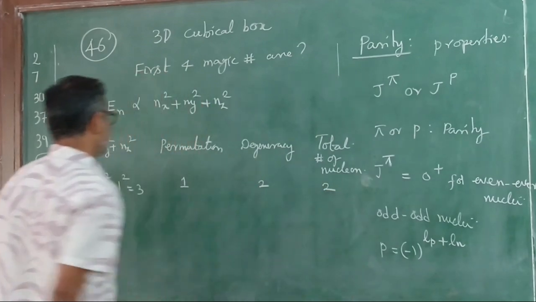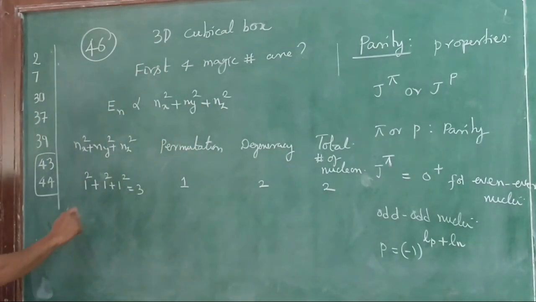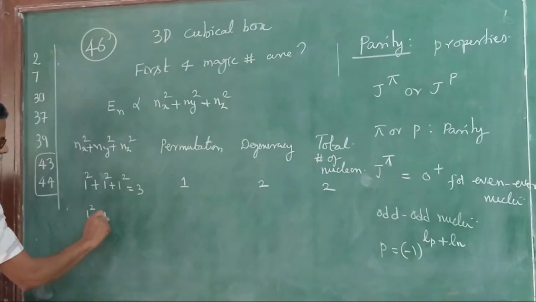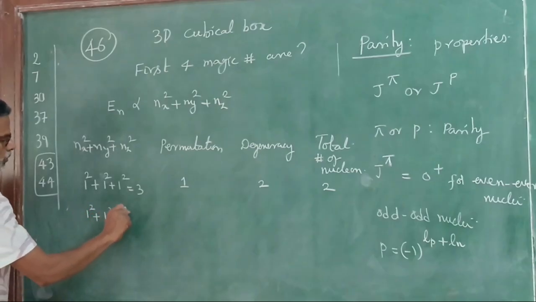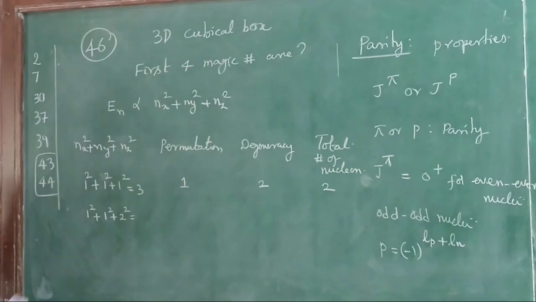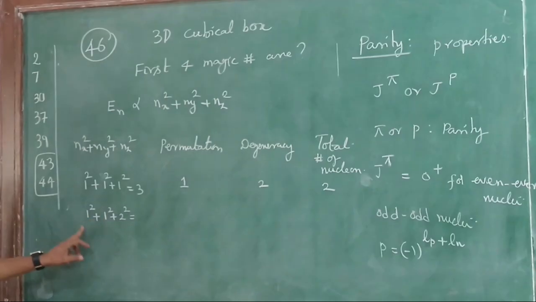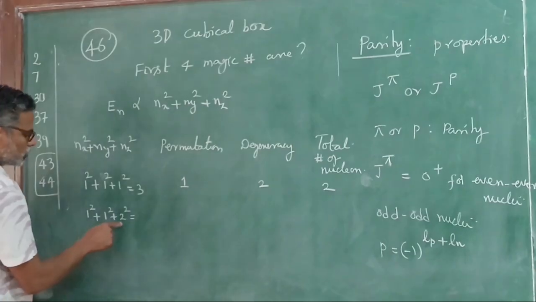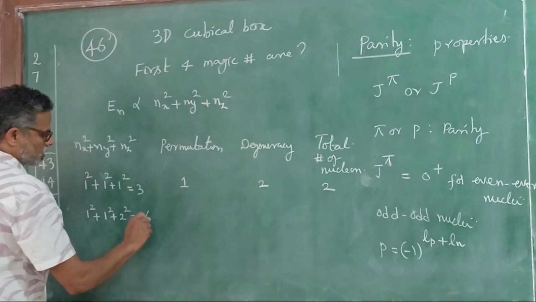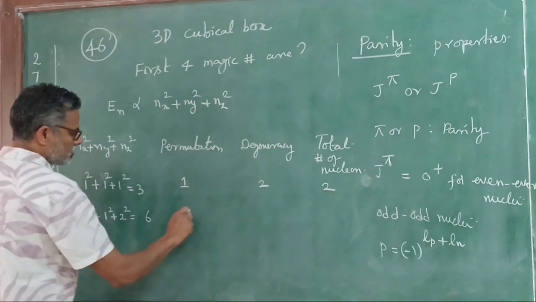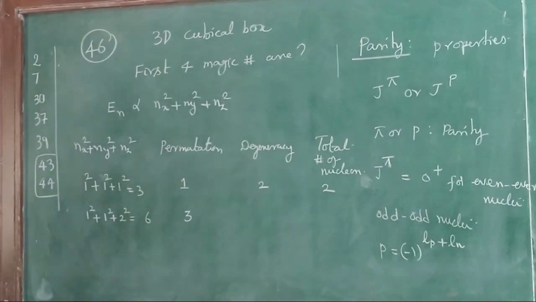Now the next one: 1 square plus 1 square plus 2 square. One of them can be 2, but it can also be here, and it can also be here. So 2 square plus 1 square plus 1 square gives the same value. 1 plus 1 is 2, 2 plus 4 is 6, so the value is 6 and the permutation is 3.